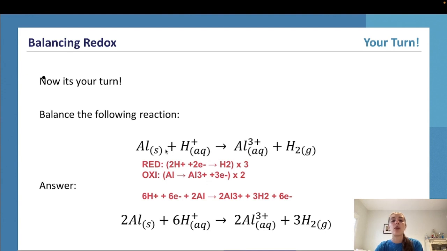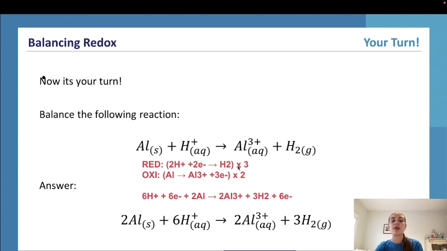But remembering that we've got a transference of 2 electrons in the hydrogen reaction, which is our reduction reaction, and we've got a transference of 3 electrons in the aluminium reaction, which is oxidation. We need to find a lowest common multiple, and that's going to be 6.